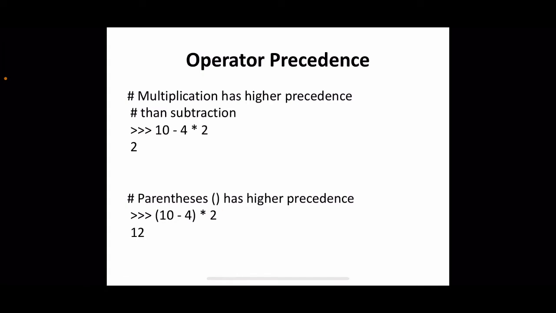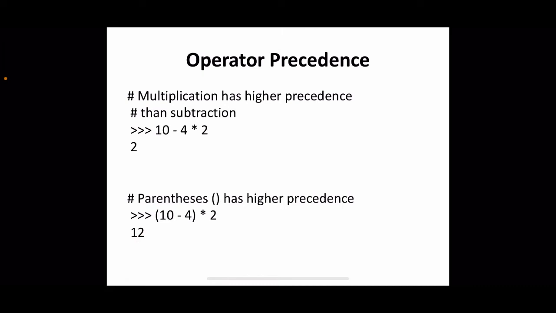But parenthesis having higher precedence than this multiplication. Just for example, the same expression, if we are putting parenthesis for this 10 minus 4, what happens? This should be evaluated first. That means 10 minus 4 will be evaluated to 6. Then the multiplication will be applied. Then 6 into 2, that is 12, will be the answer.